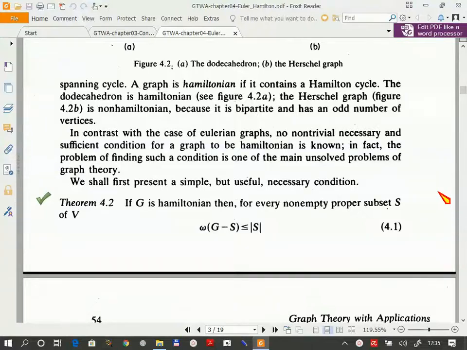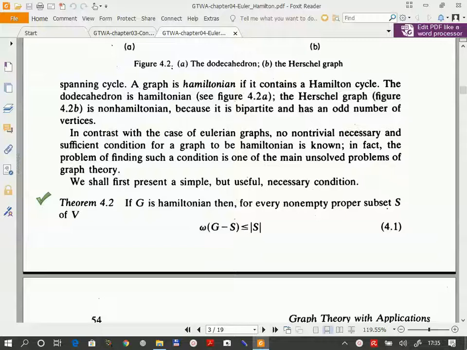problem. And I can tell you that so far there is no good necessary and sufficient condition. We will see one, but it is not so good. It is absolutely not like the one we just saw for Eulerian graphs, where you can visit all vertices and check even degree, even degree, even degree, and so an Euler tour exists.